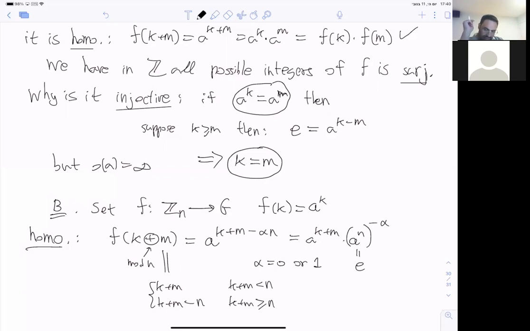Because it is given that the order of G is N in B.